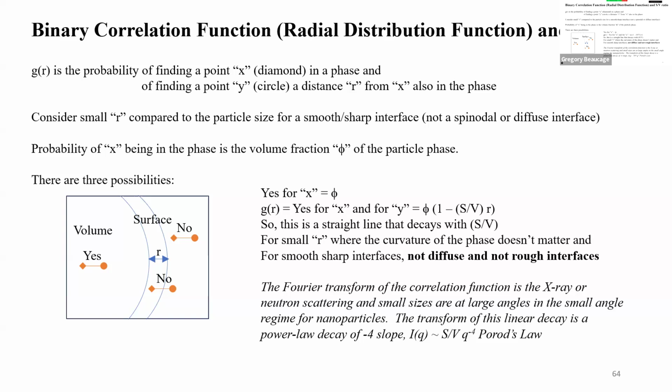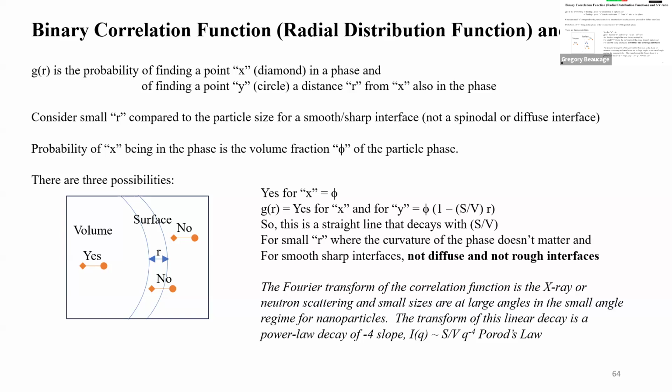I'm just going to say 1 at the start, because if it's at the same place, then it's always in the phase, divided by the density, the probability of finding the phase at all. So it's 100% when R is 0, and as you go out in R, this thing drops.